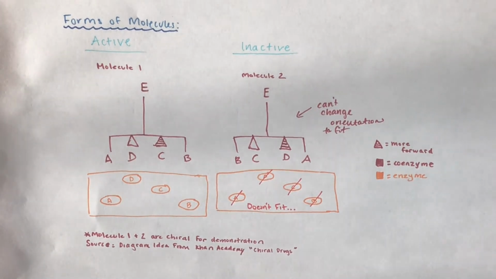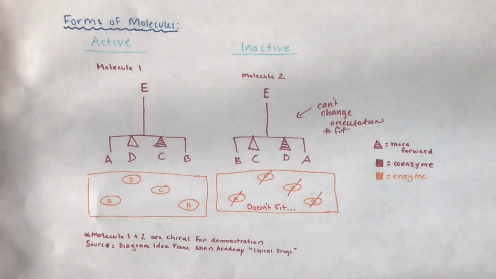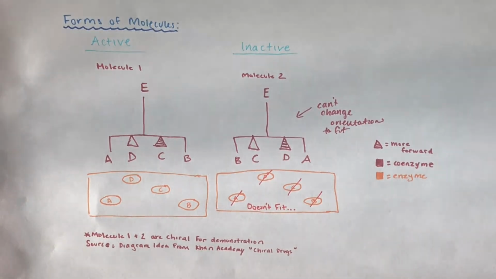For the sake of this, we have molecule 1 and 2, and these are mirror images of each other that are just flipped over the symmetrical line, and you can see that molecule 2 does not fit into the enzyme that molecule 1 fits into, and molecule 2 cannot be rotated to fit into this. So it's an inactive version of molecule 1.